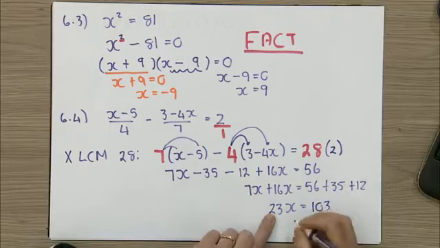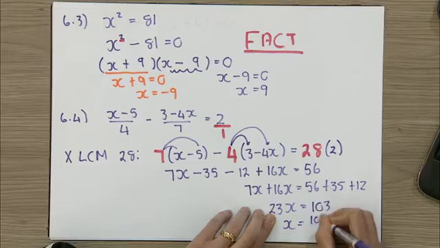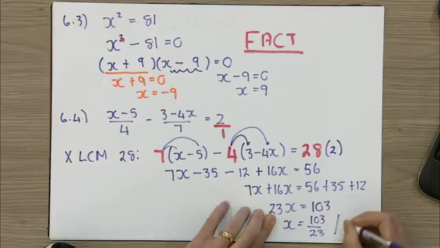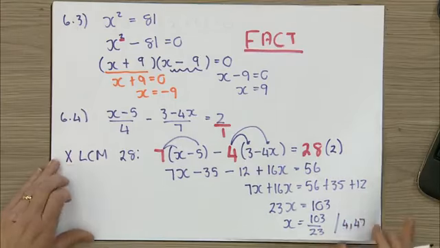And now if I divide by 23, x is either 103 over 23, or if you give it to me as a decimal, it's 4.47.